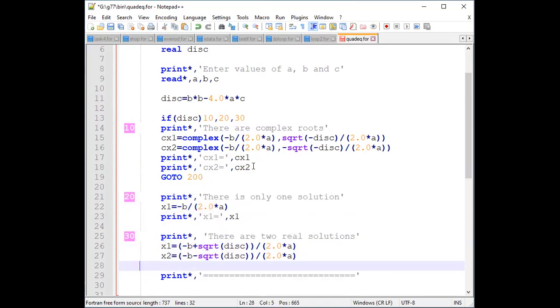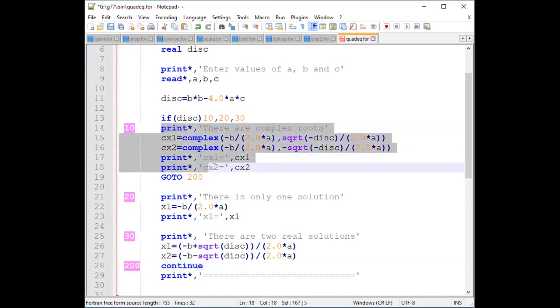So I will have a 200 here, and I write here continue, which means go to the next line, or you can write here a print statement, print the end, the stop, or anything. So after executing this block, it will jump to this statement continue.